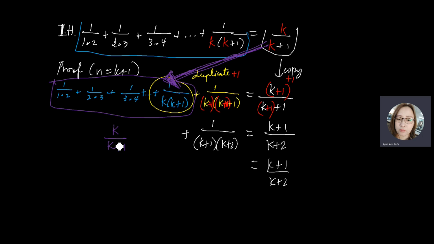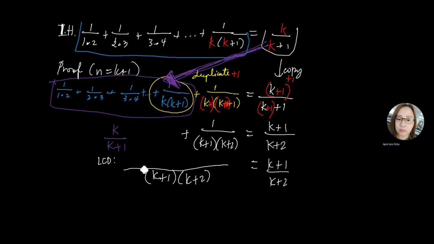So the left side, as you can see, these terms are fractions. So you can apply the LCD. So what would be the LCD of this? The k plus 1 times the k plus 2. That is the LCD, the least common denominator. So LCD k plus 1 times k plus 2 divided by the denominator of the first term, what would be left is just the k plus 2.